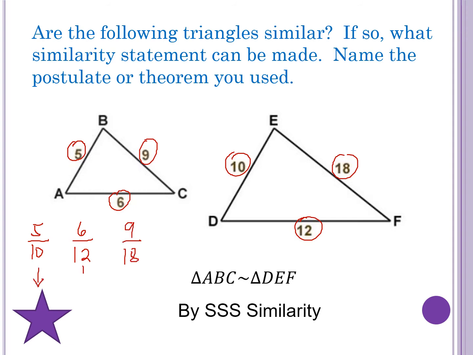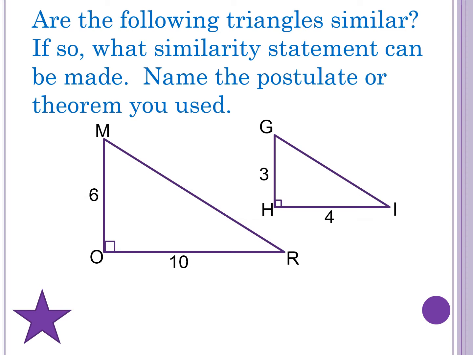If we simplify the ratios of the corresponding sides, we have 1:2, 1:2, 1:2. The ratios of the corresponding sides are equal, or they are proportional. Therefore, we can say the triangle ABC is similar to triangle DEF by the SSS similarity theorem.